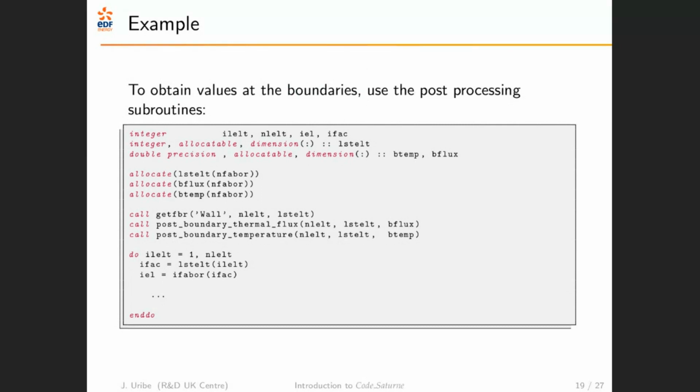There are also some post-processing subroutines that allow you to do these kinds of things much more easily, like post-boundary thermal flux and post-boundary temperature, that basically give you those functions.